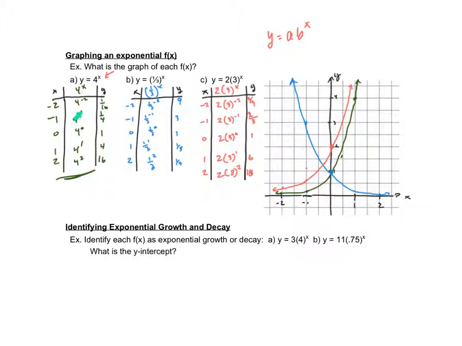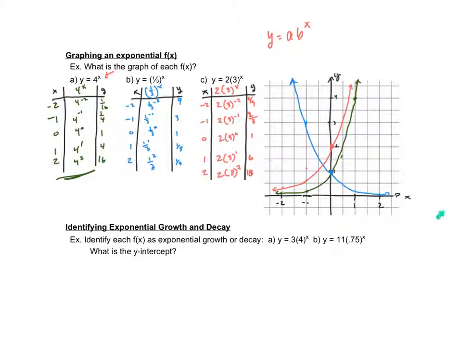For -1, that would be 4 to the -1, which, knowing your exponent properties, is 1 over 4. Anything raised to the power of 0 is 1, and anything raised to the power of 1 is itself, so 4 to the first is 4. And for 2, that would be 4 squared, which is 16.